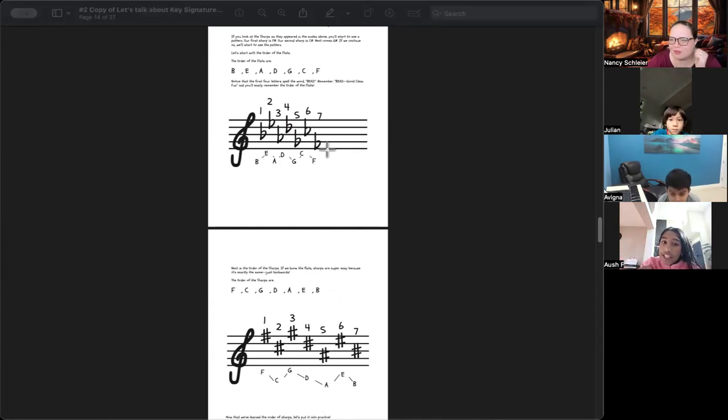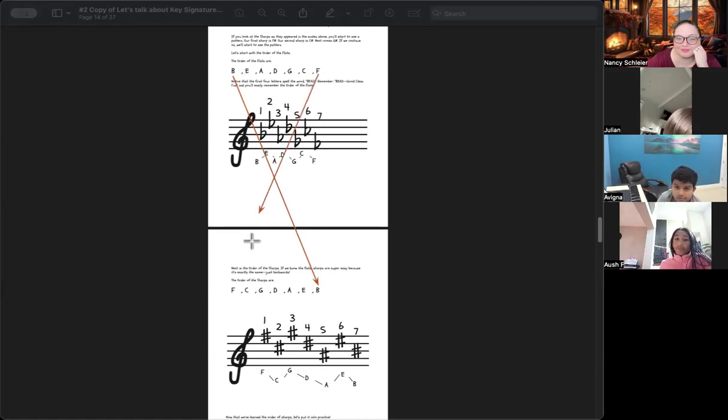Oh, you're still muted. I see that the B in the first page and the B in the second page both switch places. The B is first and now the B is last, and the F over there is last and now it's first.